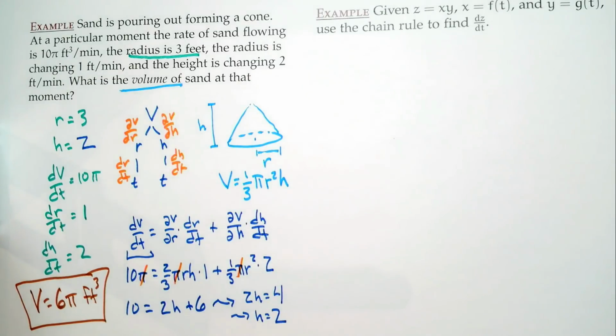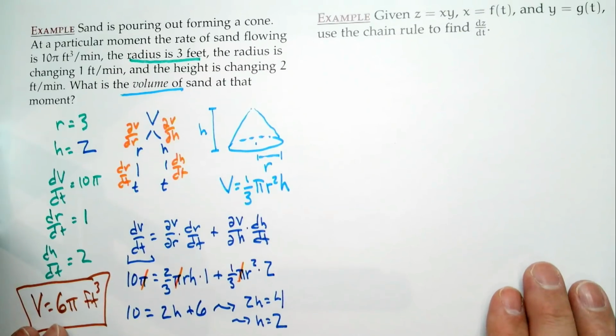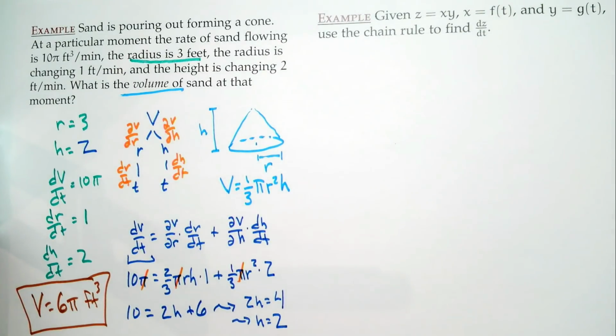Okay, so now let's do another one. This one's a little bit more abstract. Suppose that we're given z is x times y. Let me bring that down a little bit. x is f of t, and y is g of t. Use the chain rule to find dz/dt.